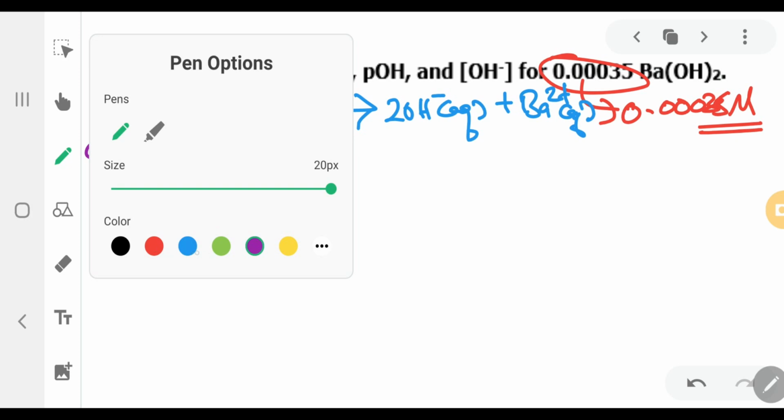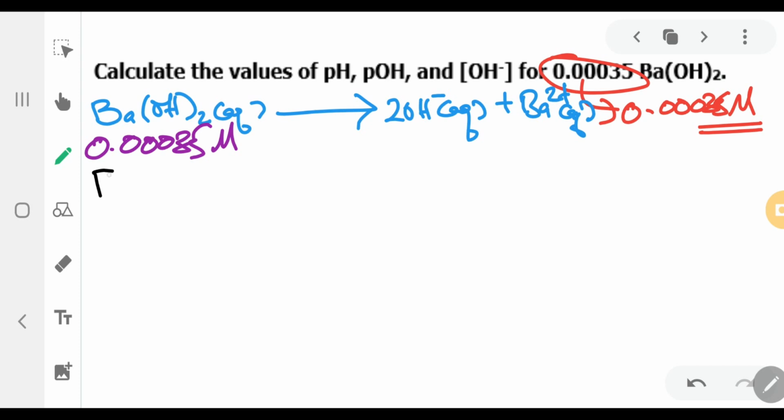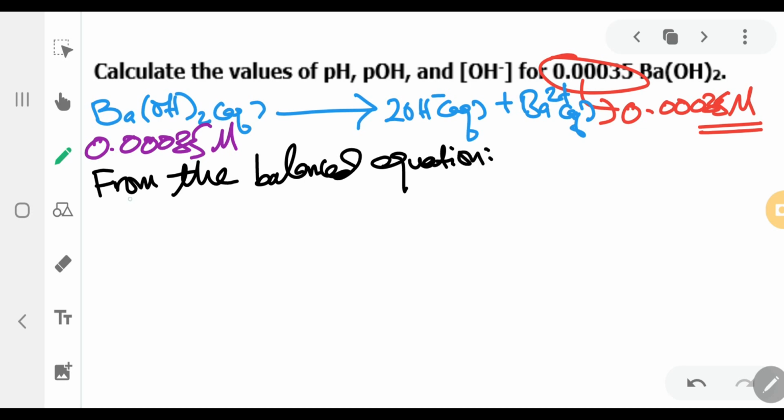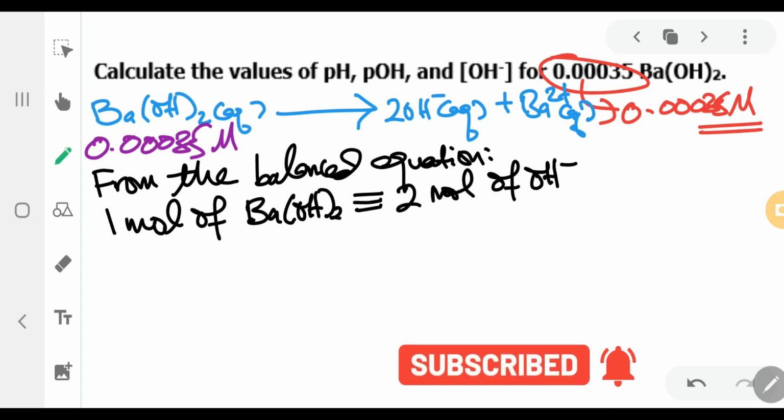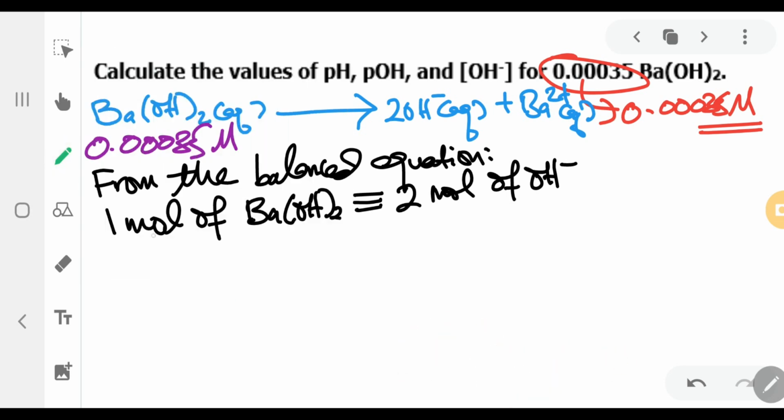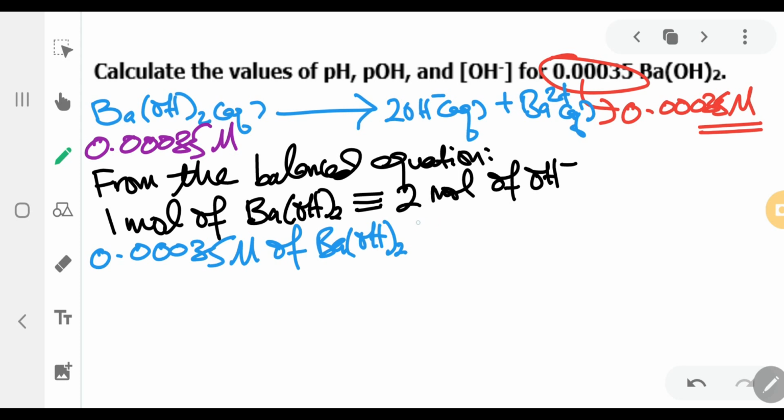Therefore, from this balance equation we can see that 1 mole of barium hydroxide will produce 2 mole of OH-, but the question gives you 0.00035 molar of barium hydroxide.